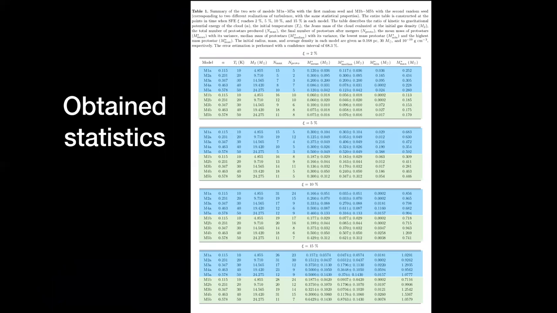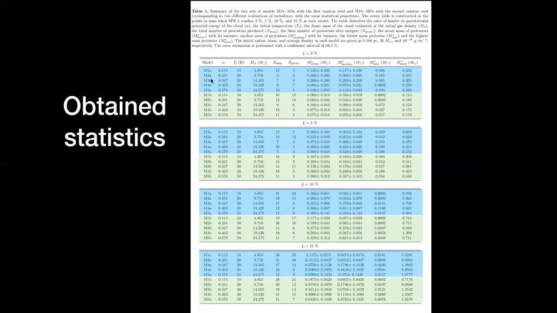So we perform the simulations and we get some statistics. These green and blue shades are the data that we obtained with respect to each seed value that we followed.